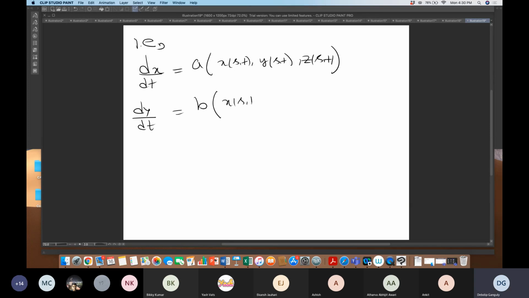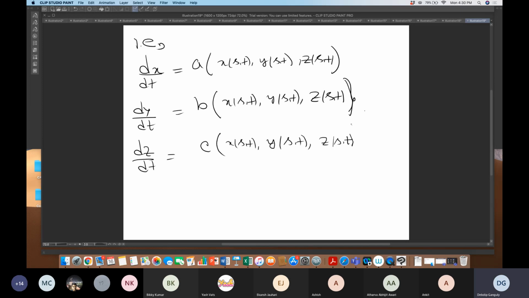That is, dx/dt is A of x(s,t), y(s,t), z(s,t). dy/dt is B of x(s,t), y(s,t), z(s,t). And dz/dt is C of x(s,t), y(s,t), z(s,t).